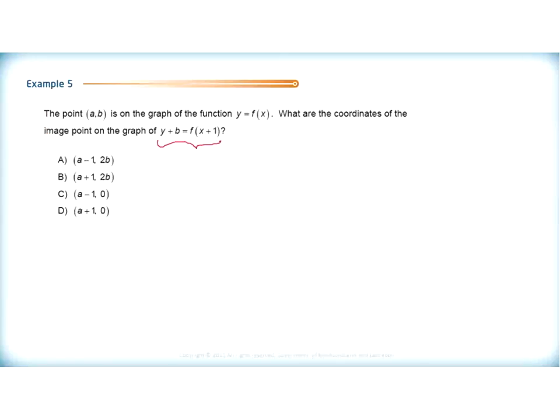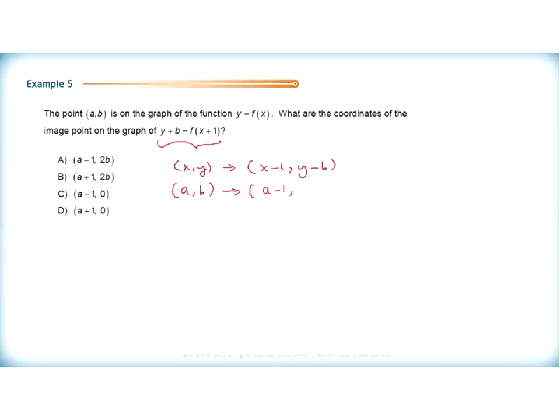What I'm simply going to do here is create a mapping rule for this function. My mapping rule is xy maps to x subtract 1, y subtract b. The new image point AB will be translated to, let's replace x with a, and we'll have a subtract 1.